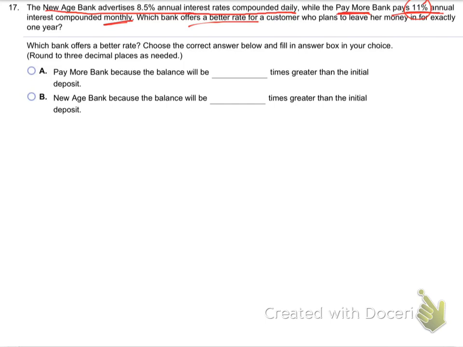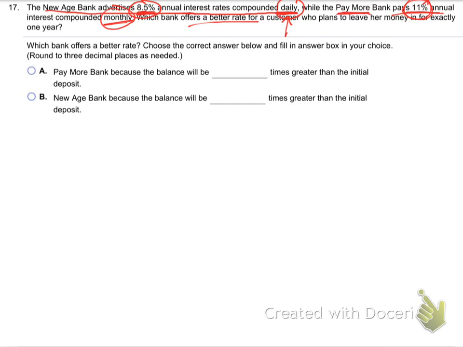Well, yeah, this is lower, but it's compounded more frequently. So it's 8.5%, which is lower, but it's compounded daily. Whereas this is 11% higher, but it's compounded only monthly. Turns out the 11% is going to still be better. When you compound more often, like daily, it helps a little, but not a lot. We'll see. And here's how we see.